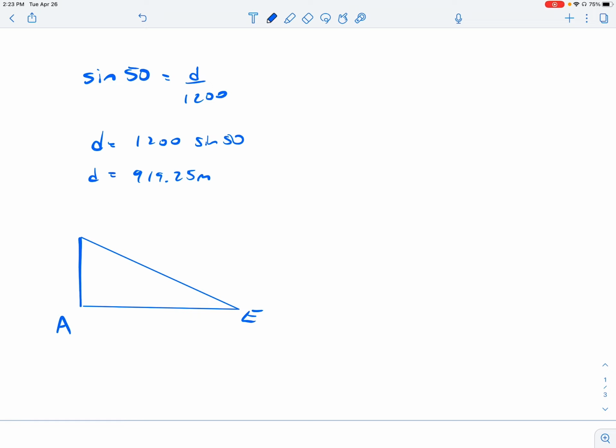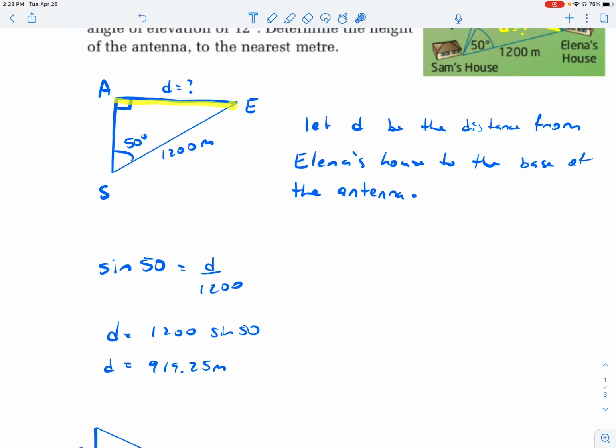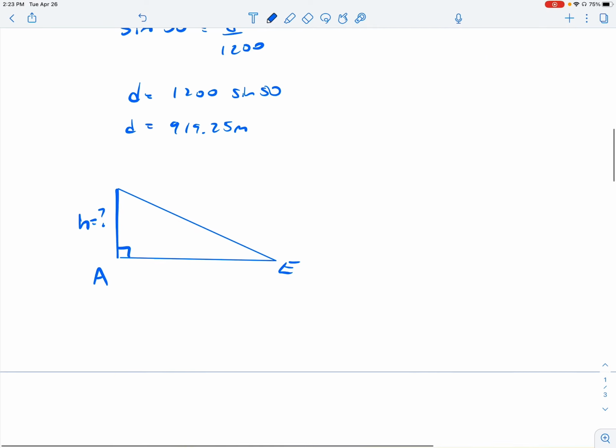So this is the antenna here, and we're looking for the height. I'm going to call it H. Okay, this length down here, we just calculated that when we found D from A to E. So 919.25.